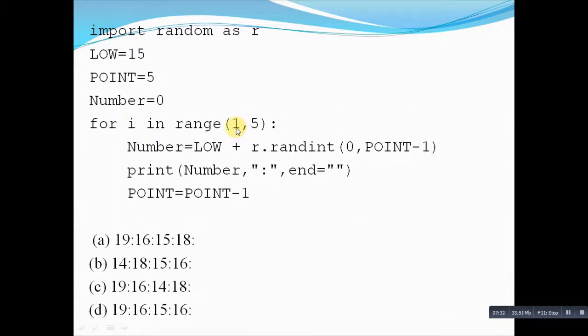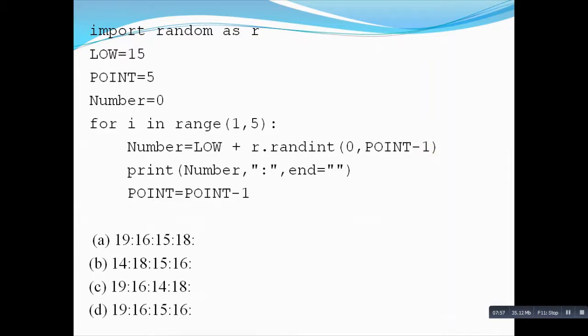When the value of I is 2, the value of low remains 15. randint 0 to point minus 1. The current value of point is 4, so 4 minus 1 is 3. It means this particular part may generate any number like 0, 1, 2 or 3.